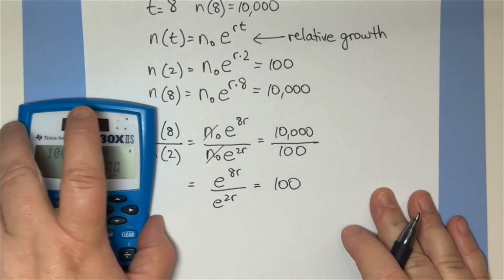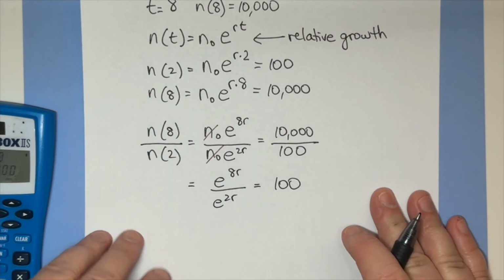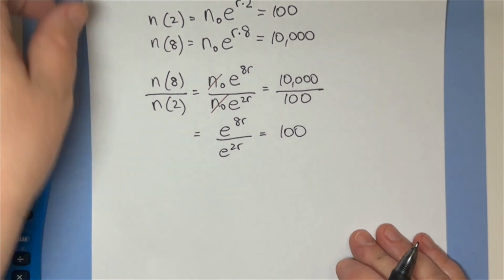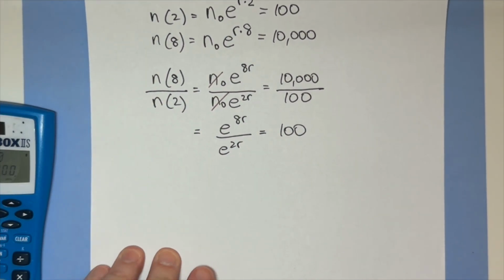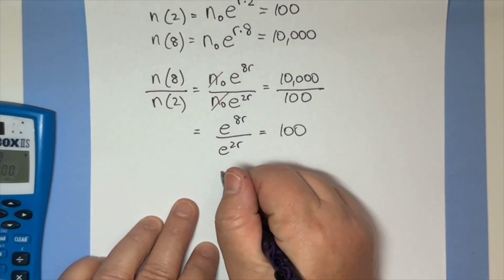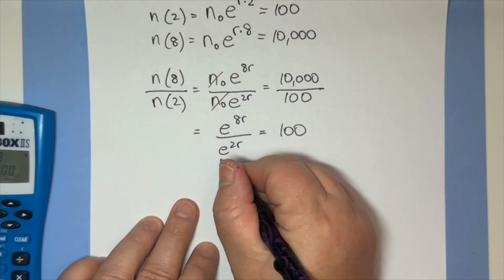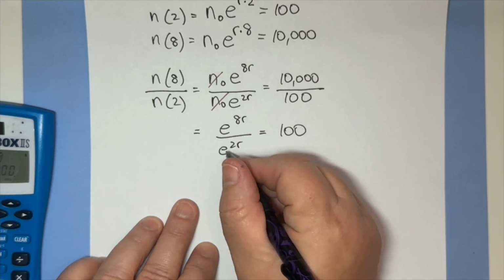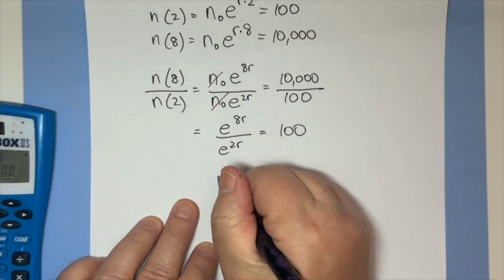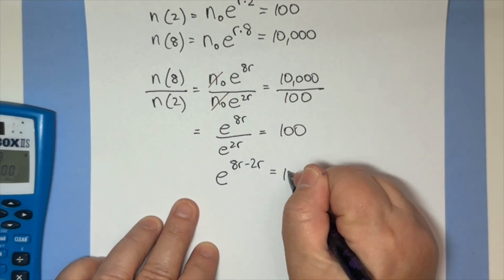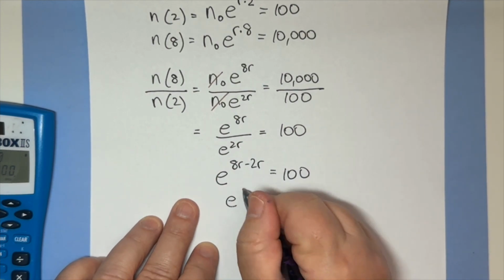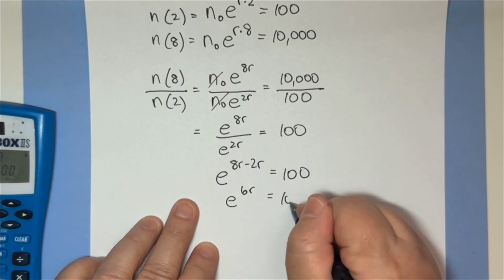So this isn't too bad. And then one more step, and I know it's very tempting to multiply both sides by e to the 2r, but let me remind you that e to the 8r divided by e to the 2r both have the same base. We get e to the 8r minus 2r, or in other words, e to the 6r equals 100.